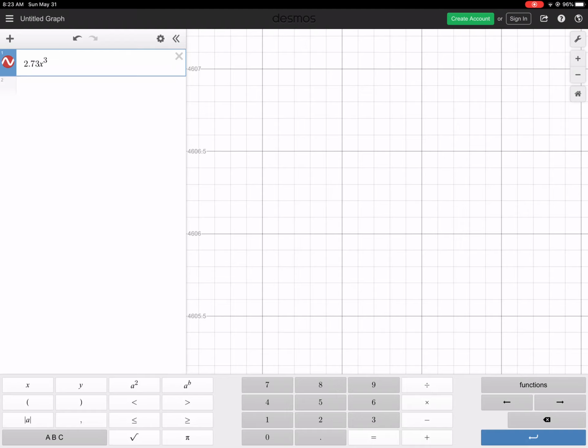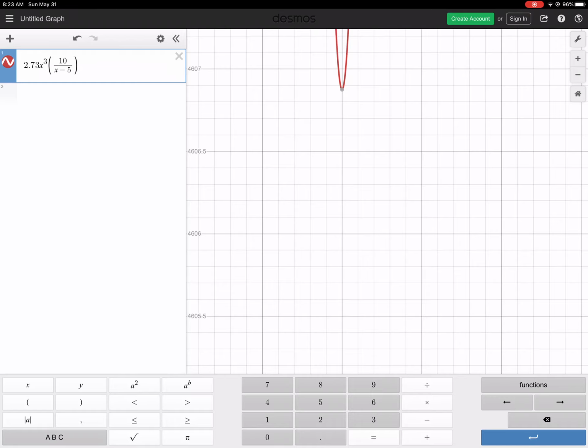Then I'm going to multiply this, and this is where it's just so good for you to practice with Desmos, by 10 divided by x minus 5. And I'm going to close my parentheses. And that is the equation that they give you in the book in problem 65.